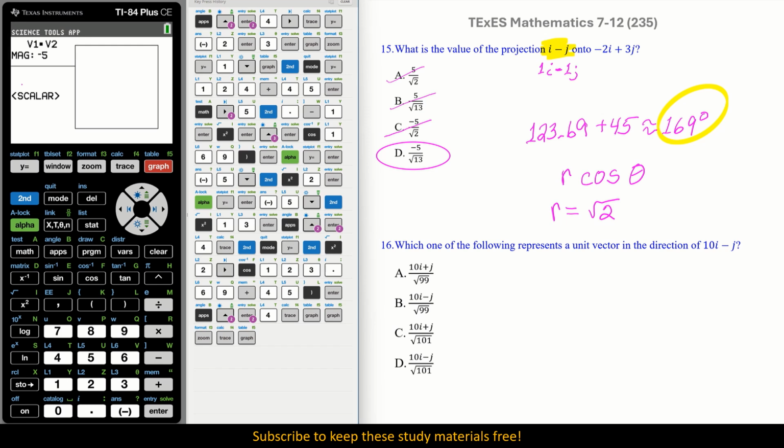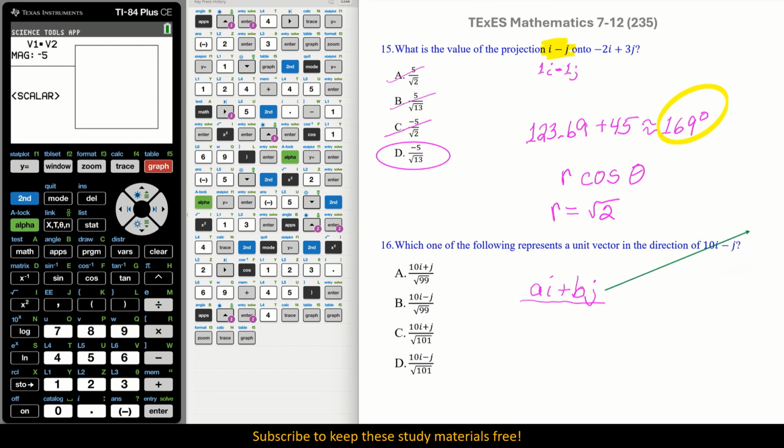Which one of the following represents a unit vector in the direction of 10i minus j? Now this formula is the given, that's ai plus bj. Whatever they give you to work with, that's going to be your numerator.